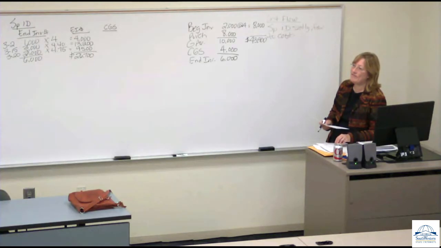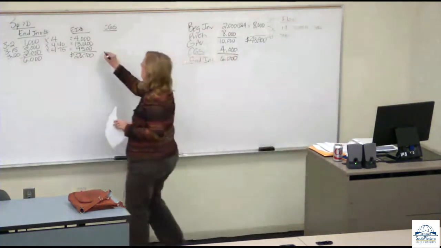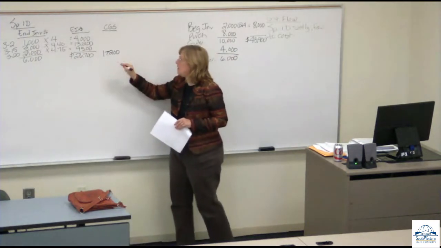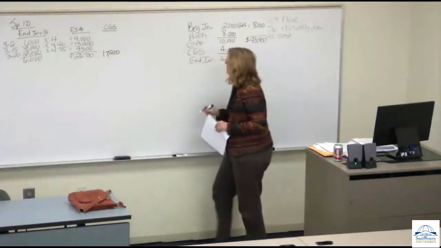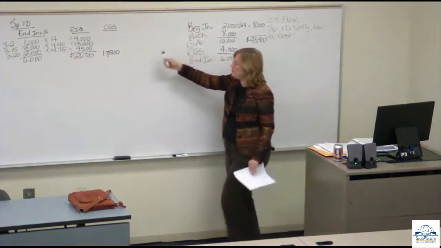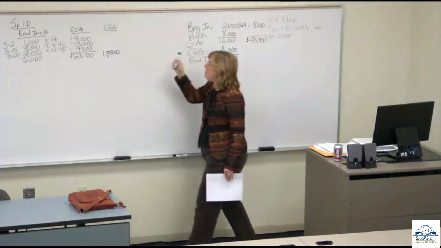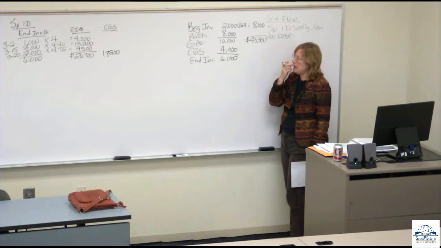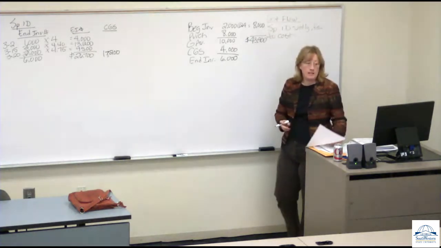Brett, how much is our cost of goods sold? Okay, so 17,200. How did we get that? Subtract the goods available for sale minus the ending inventory. Because we know that these two, ending inventory and cost of goods sold, add up to 43.9, right? So does that make sense?